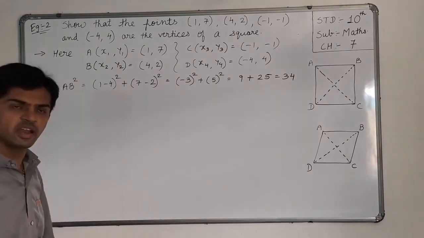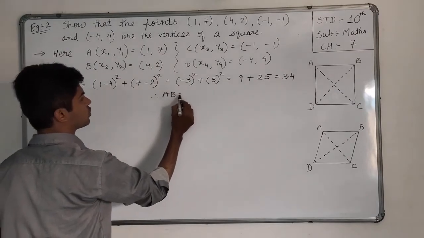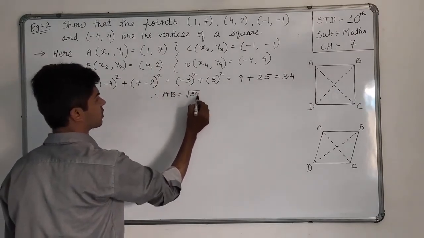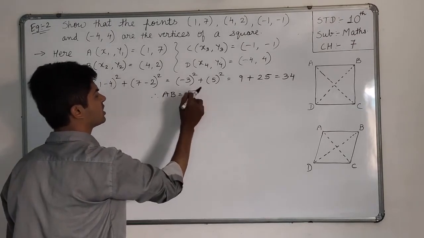But we need to find AB. So therefore AB will be root 34. Understood? AB will be root 34.